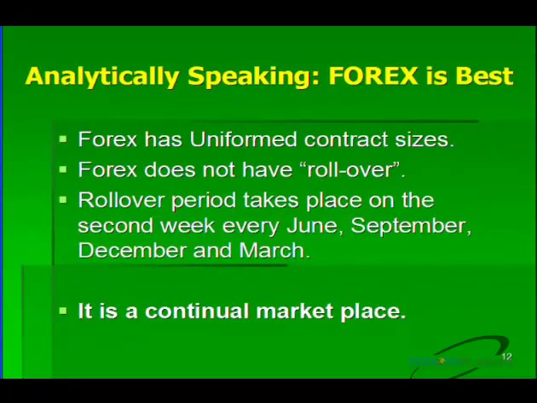Now, Forex has uniform contract sizes, and that's one of the neat things about Forex. In fact, analytically speaking, Forex is really better to trade than futures for first-time startup traders. The reason I say that is this. Number one, as I just mentioned, all contract sizes are uniform. In futures, various contracts and markets have different contract sizes, and therefore every tick or pip value is different.